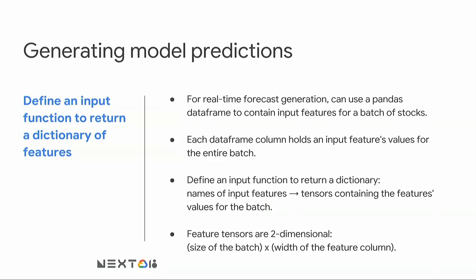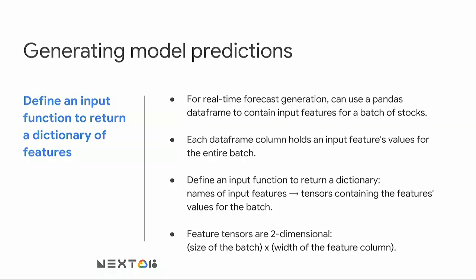As I said, we're going to be using a pandas data frame. In input functions based on a pandas data frame, each data frame row is going to include feature values for one training example, and each column is going to have feature values for one feature type.